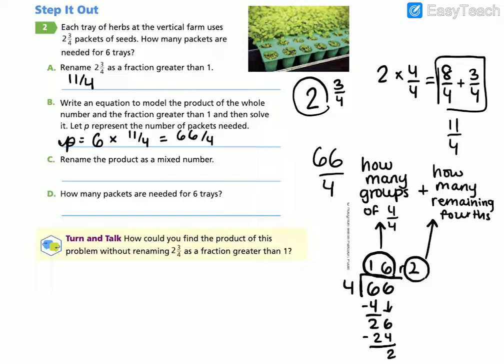So what it's telling me is there are 16 wholes and 2 remaining fourths. So I can rename 66 fourths as 16 wholes and 2 fourths. So how many packets are needed for 6 trays? 16 and 2 fourths packets.